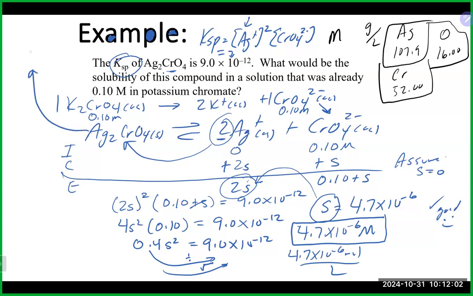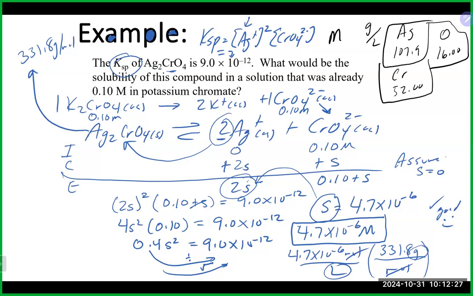So the molar mass of this guy is looking like about 331.8 grams per mole from the periodic table. We'll use that as a conversion factor, 331.8 grams per mole. Moles will cancel. That will turn us into grams per liter in terms of our solubility.